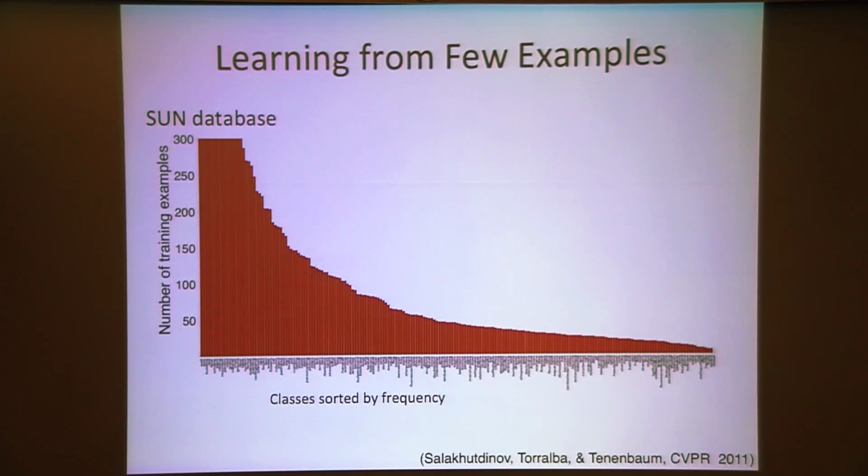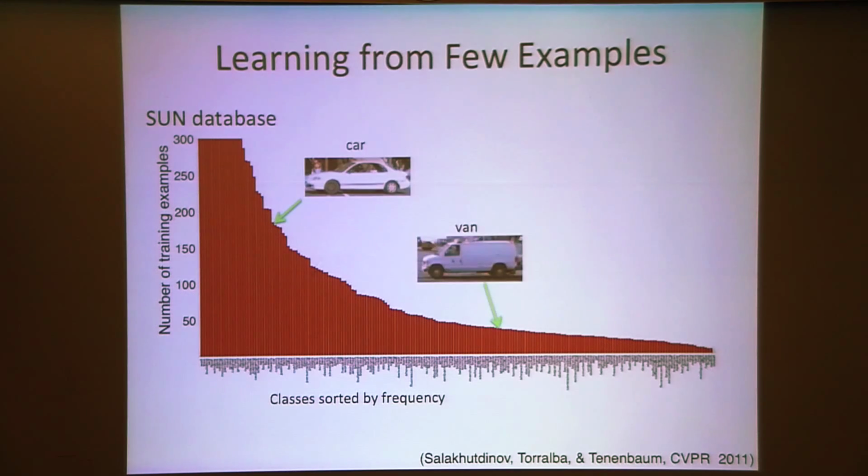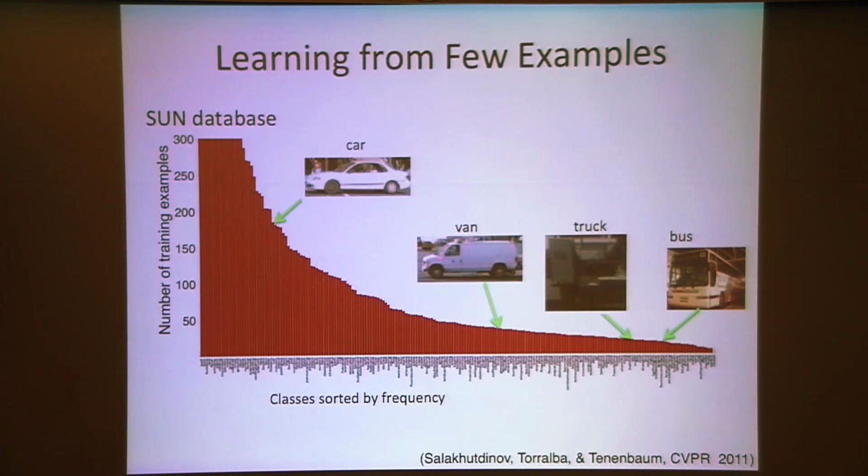How many times in your lifetime do you see elephants? Maybe once or twice, but you can quickly recognize elephants. You might have lots of cars and vans, but only a few trucks and buses. The question is, can you take information from these classes and learn something about those classes? It's interesting to note that rare objects are typically fairly similar to frequent objects, so they share a certain structure with frequent objects.